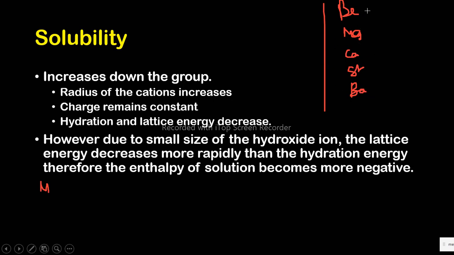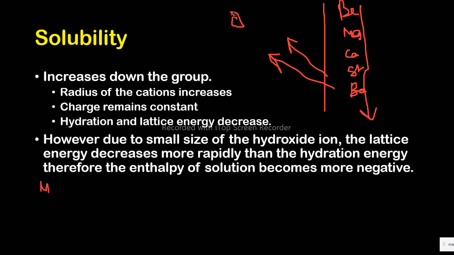Now all these cations, as you go down the group, their sizes and radii are increasing, but the charge remains the same. So therefore, the polarizing power, that strength of the ionic bond, is going to decrease down the group.